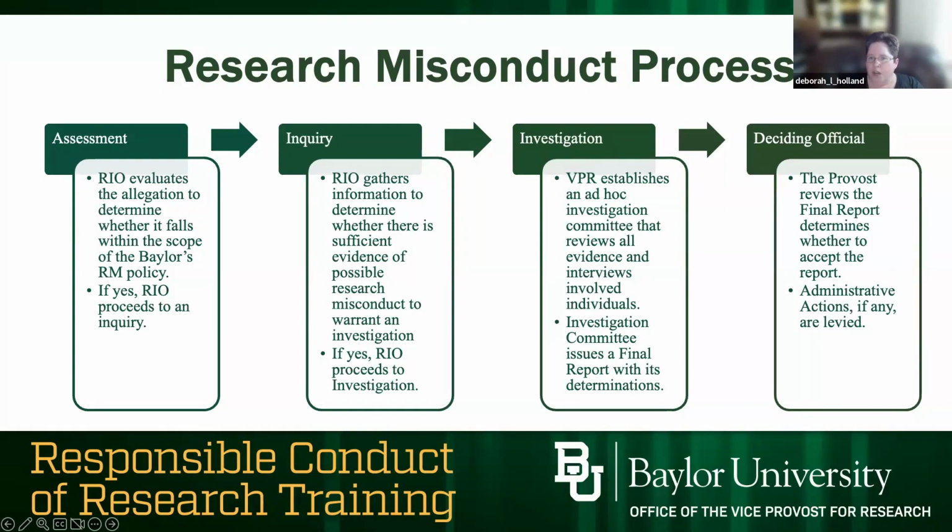But I've never had an instance where the deciding official has not accepted a report. And in all of my discussions with people in the research integrity officer community, it's extremely rare that that has ever happened.